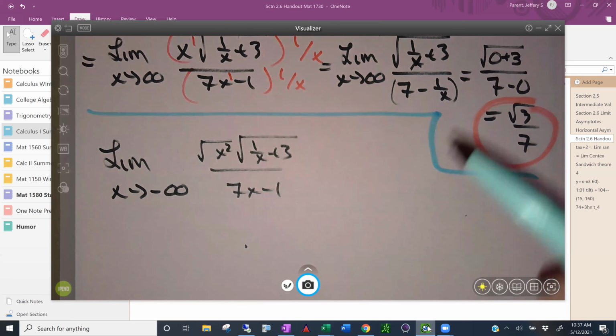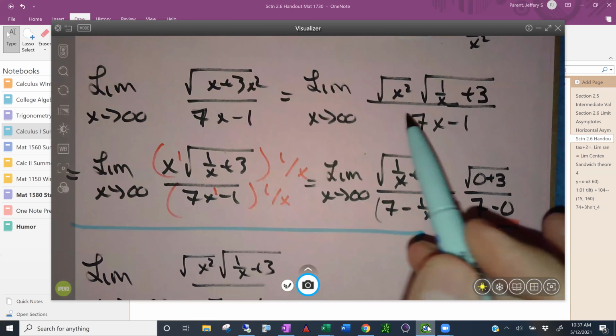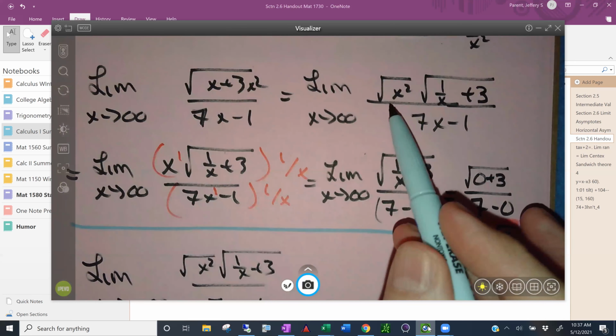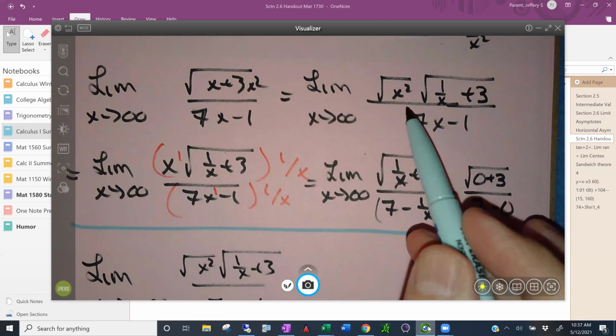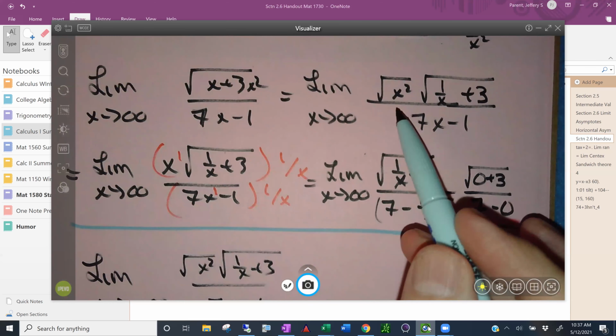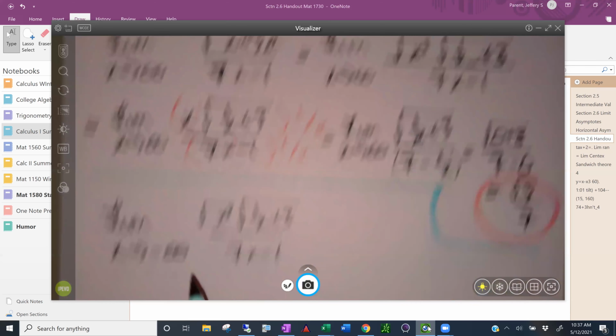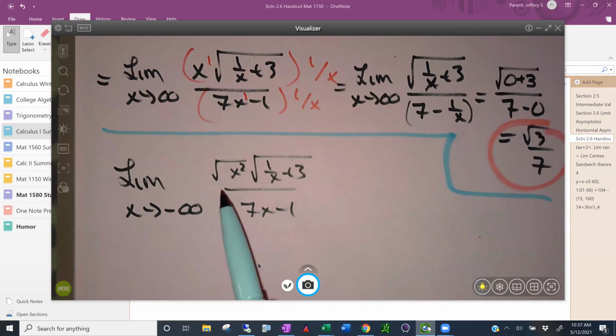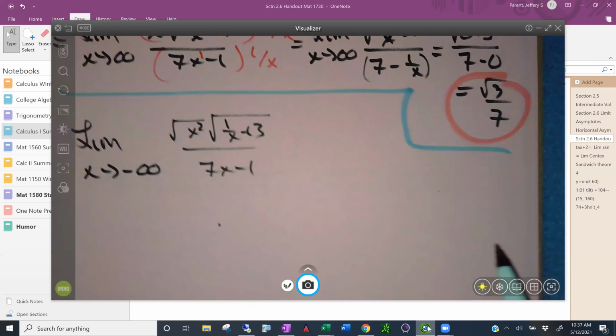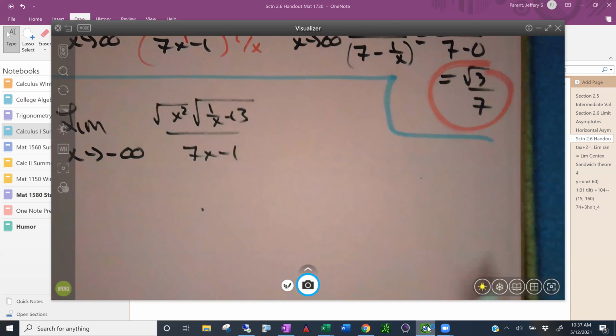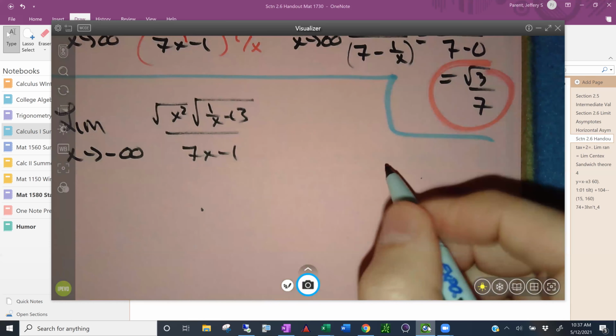Well, if you're approaching positive infinity, then the values of x have to be positive, so it makes sense to take the positive root. But if you're approaching negative infinity, we're going to take the negative root. Let me try and be clear about what's happening here before I show that.